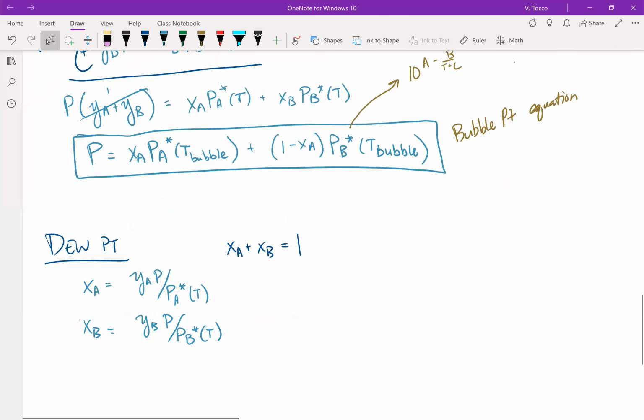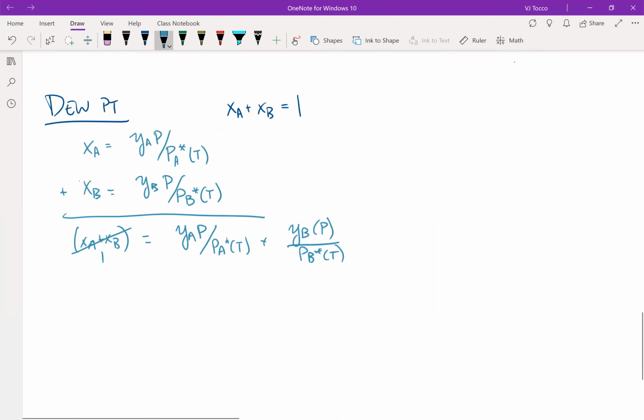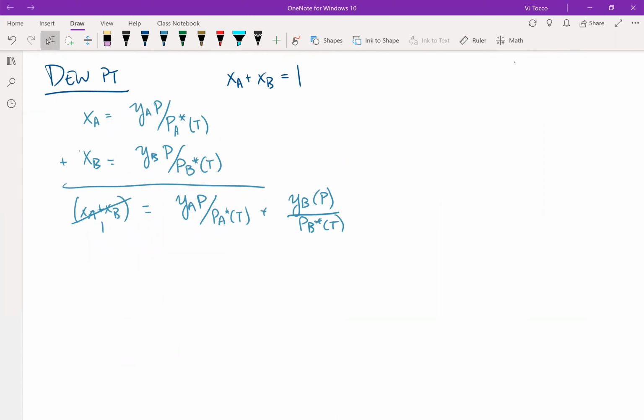And I'll do the same thing for the dew point, that is add them together. And when I add them together, I get XA plus XB is equal to 1. All right, that was our main constraint, and that is equal to YA times P over PA star of T plus YB times P over PB star of T. I can do the same thing here where I clean it up just a little bit. There's really not much to clean up here.